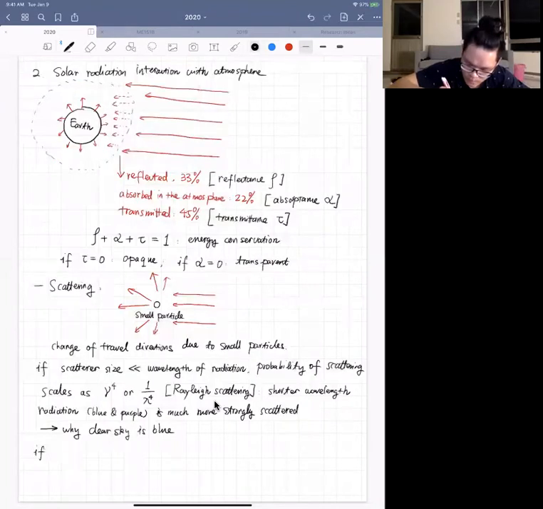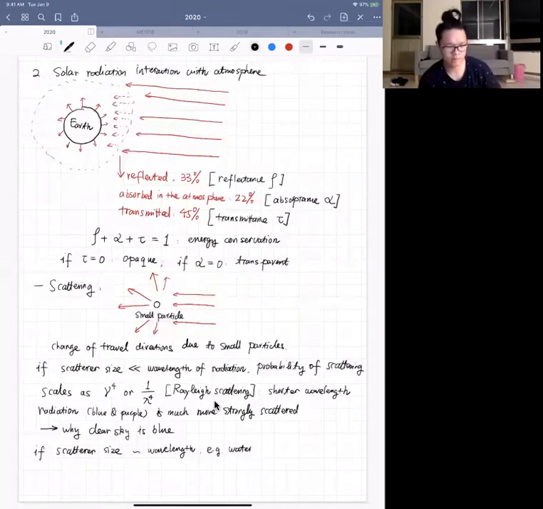If the scatterer size becomes larger and comparable to the wavelength of radiation, for example water droplets in a cloud, then we are in a different regime.